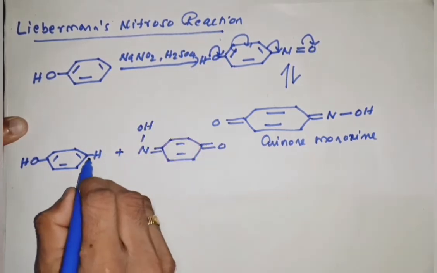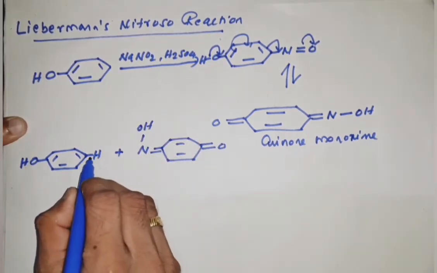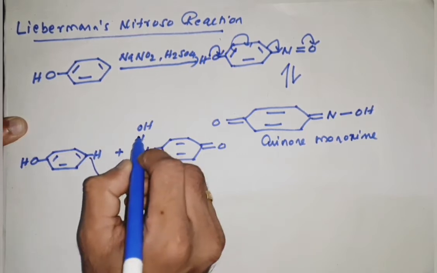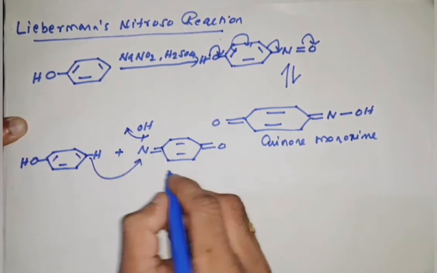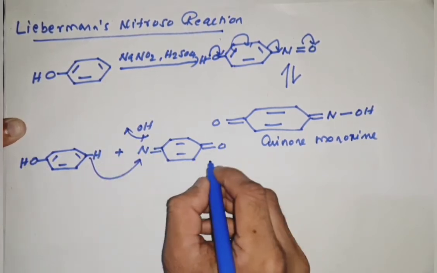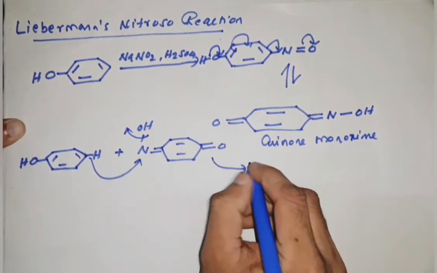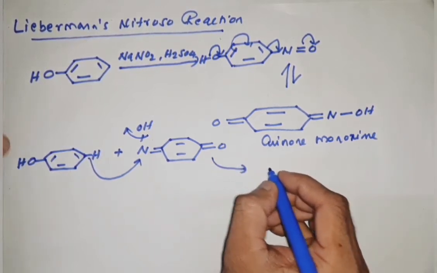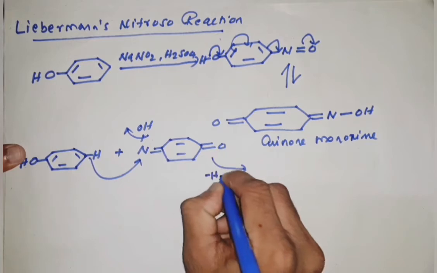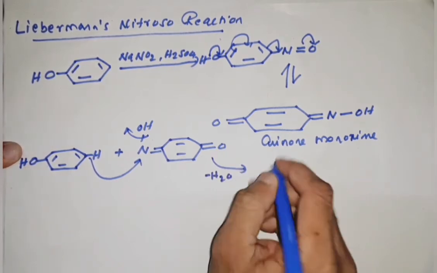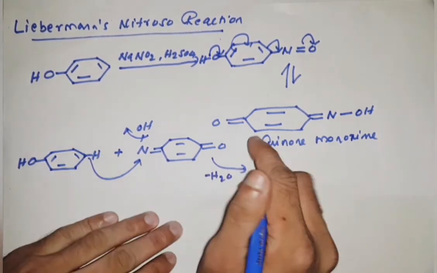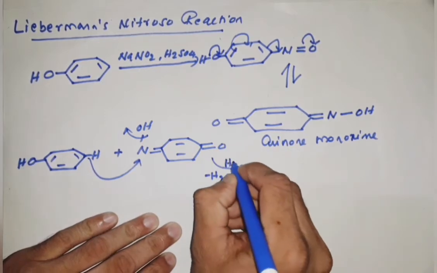Here, this H is attacked here, and H plus and this minus H2O. We get an indophenol, but there is a presence of H2SO4.